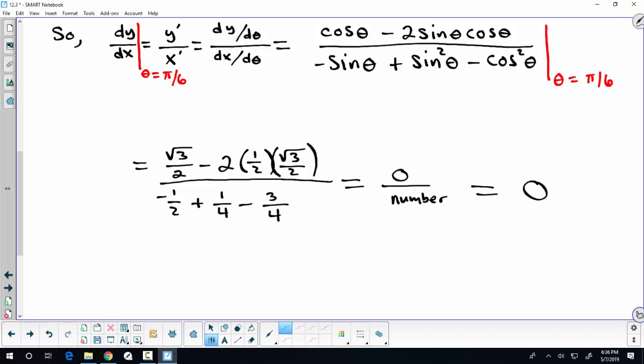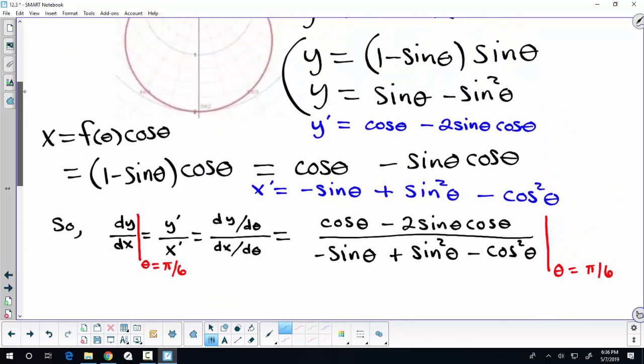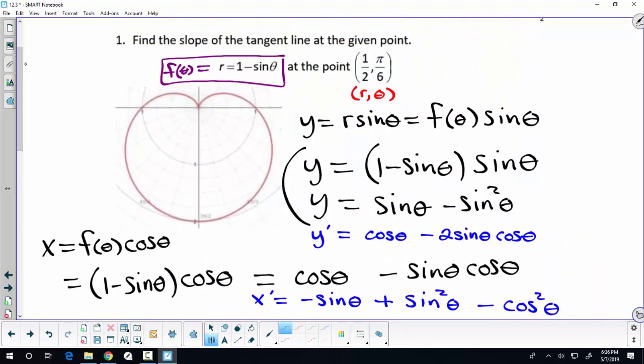So the slope of the tangent line on our cardioid at the point (1/2, pi over 6) is 0. And we can sort of verify that from the graph itself, that we have a horizontal tangent at the point (1/2, pi over 6), which is that point right there.